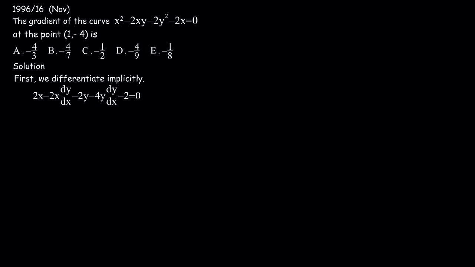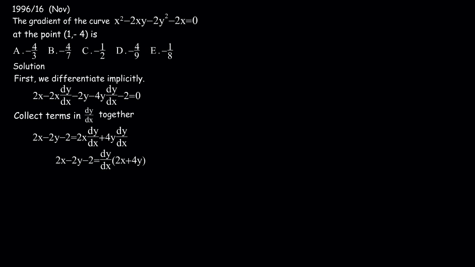At this point, we are going to collect terms in dy over dx together. Doing so, it becomes 2x minus 2y minus 2 equals 2x dy over dx plus 4y dy over dx. Next, we are going to be factorizing our right hand side.